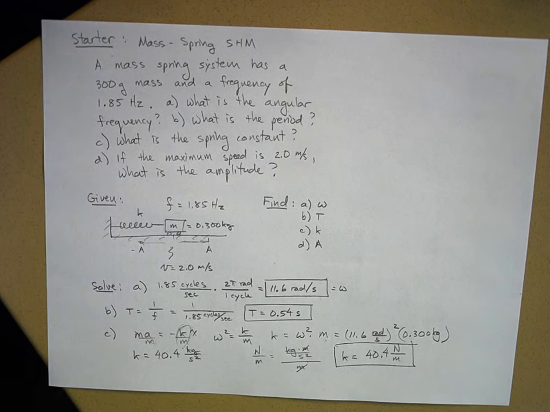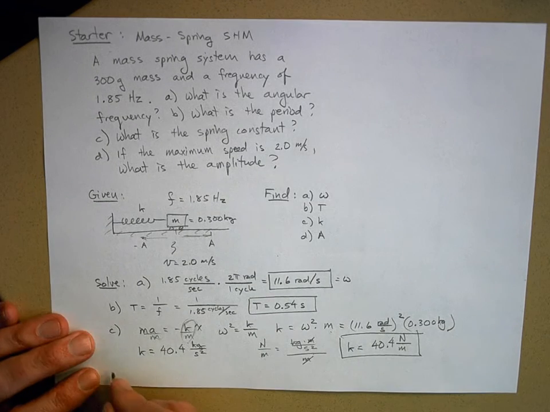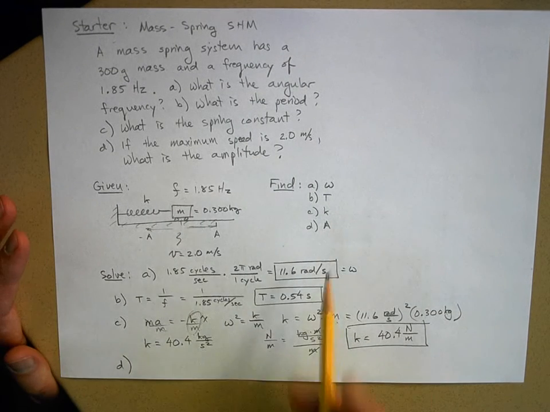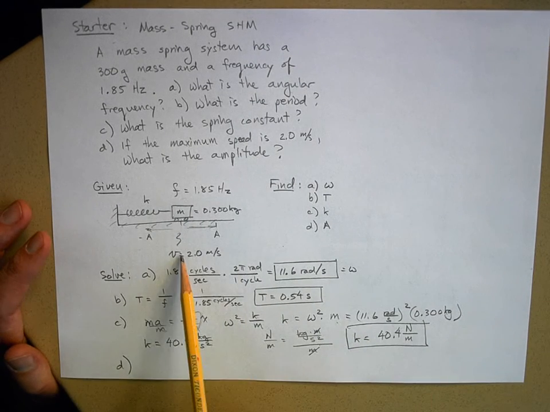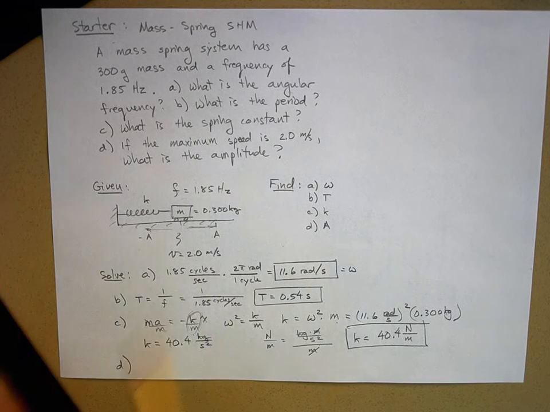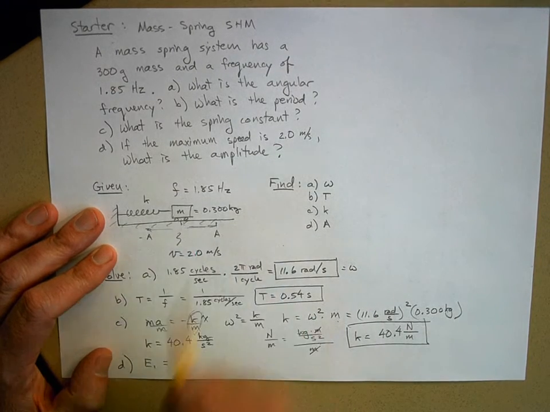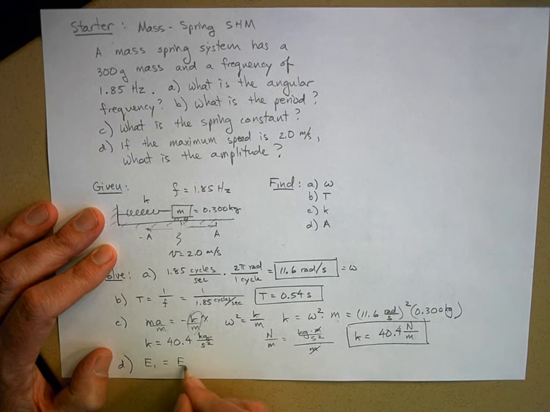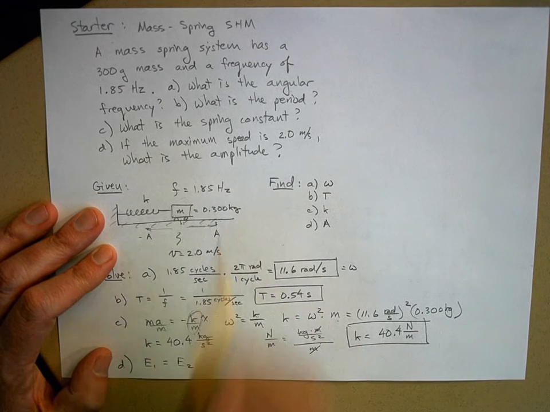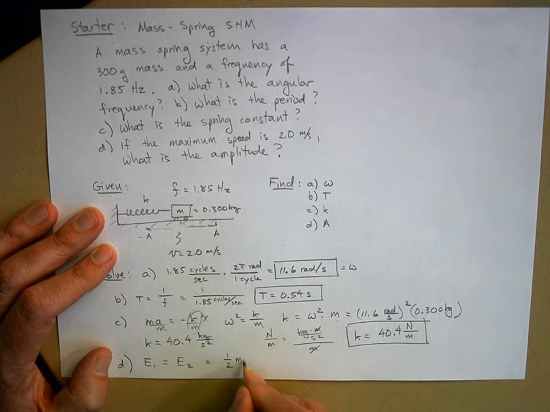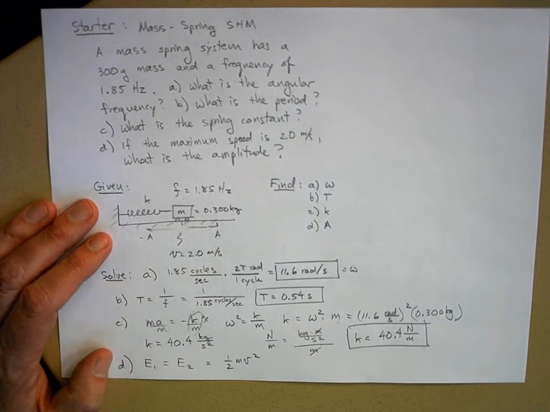Okay, let's see if I can fit part D here in the bottom of the paper. Well, what I'm going to use here is energy. I'm going to say that the mechanical energy in the middle, I'll call it E1, is equal to the elastic potential energy at the maximum position. So this is going to be 1/2 the mass times our speed squared.